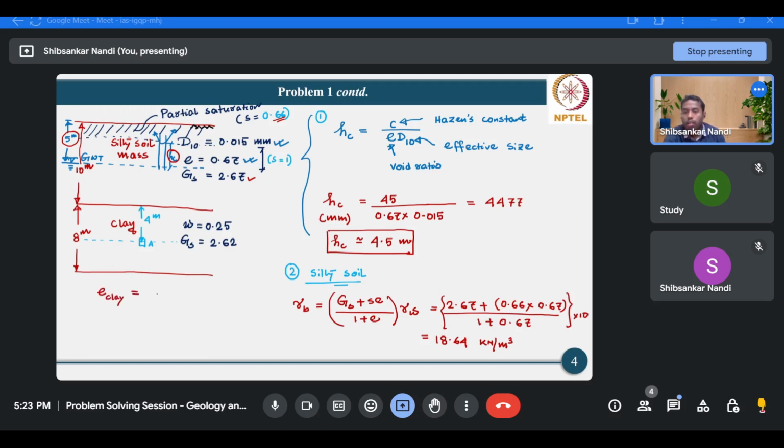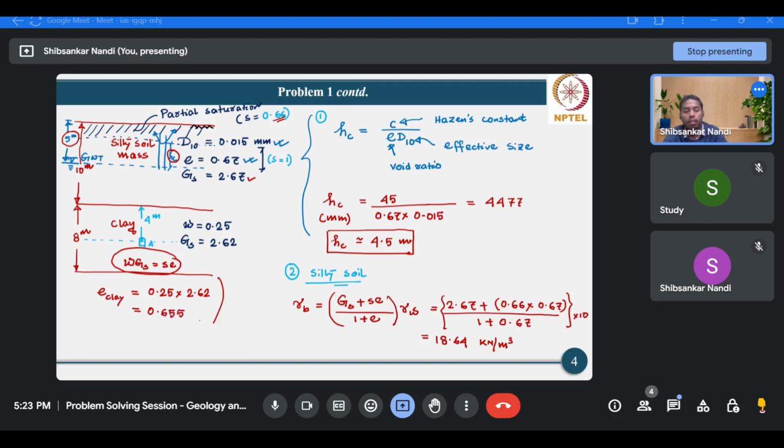For clay, it will be 0.25 multiplied by 2.62, because we know that wGs equals Se, and for complete saturation the value of S becomes 1. So e clay is 0.25 into 2.62, it will be 0.655.